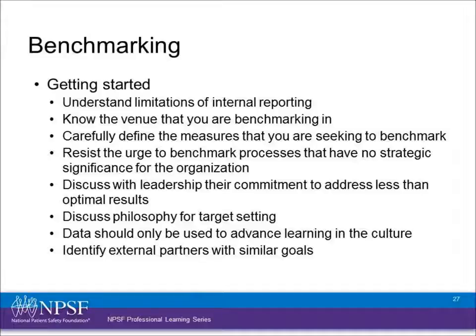And I think generally the broader the scope of measurement, the more difficult it is to align the measures for comparability. So maybe think about a project that has a fairly narrow scope initially. I think also it's important to get from the partners in the benchmarking collaborative a promise that this data is only going to be used to advance learning in the culture, that people are not going to use it for marketing purposes.